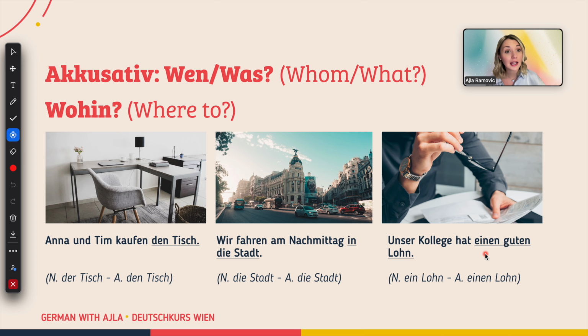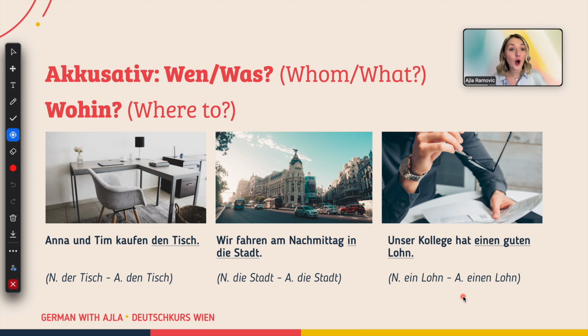Be careful. In German, this is a masculine noun and you already know what it means. There will be a change. Here it is used with an indefinite article, so not with der, but with ein. Ein Lohn in nominative will turn into einen Lohn in accusative, meaning there is a change happening because this is just how it always is for masculine nouns.